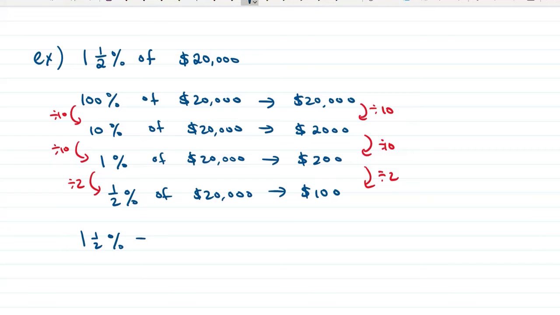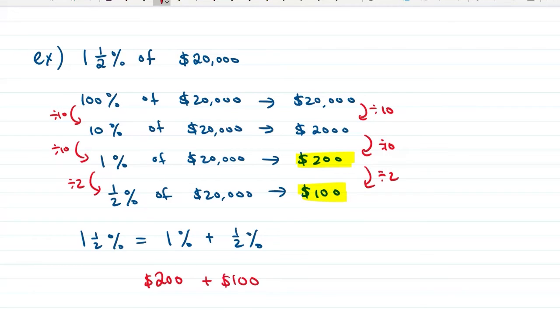So 1.5% is 1% and 0.5%. So 1% of $20,000 is $200. And 0.5% of $20,000 is $100.